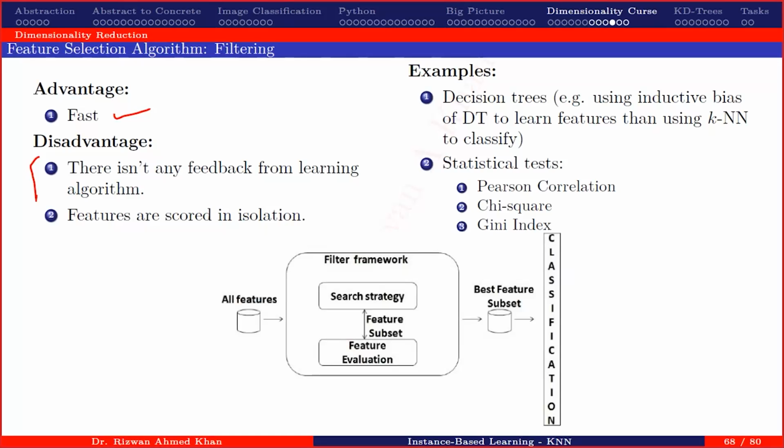This is just on statistical measures. The statistical test could be Pearson correlation, chi-square, Gini index, or entropy. There are a lot of tests that can be done in the filtering based approach. So features are scored in isolation. Isolation means they are not tested for the target function or classification problem in hand.